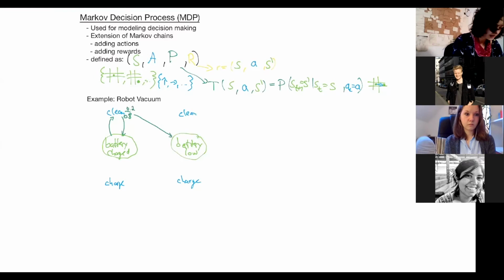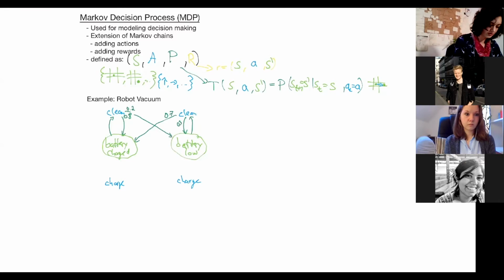If the battery is already low and we go clean, the probability is a bit lower that we still have a low battery, so let's say with probability 0.3 we end up there, and with probability 0.7 we end up in the battery charge state. What happens here is the robot runs out of battery without going to the charger, and the human has to come pick up the robot and bring it back to the charger. So that's not so good. It kept vacuuming without going to the charger early enough.